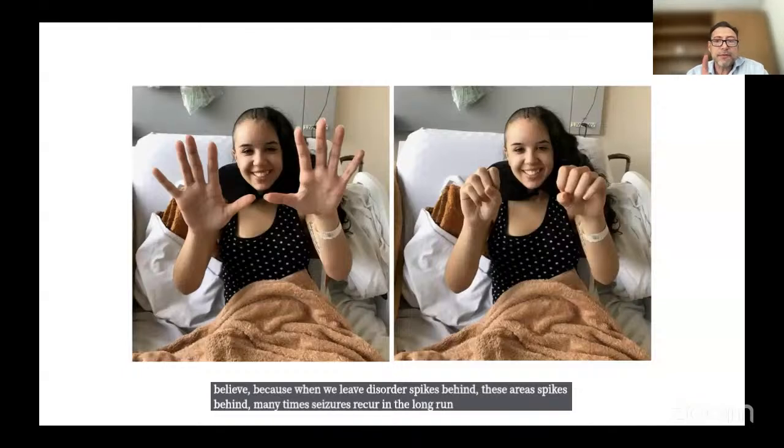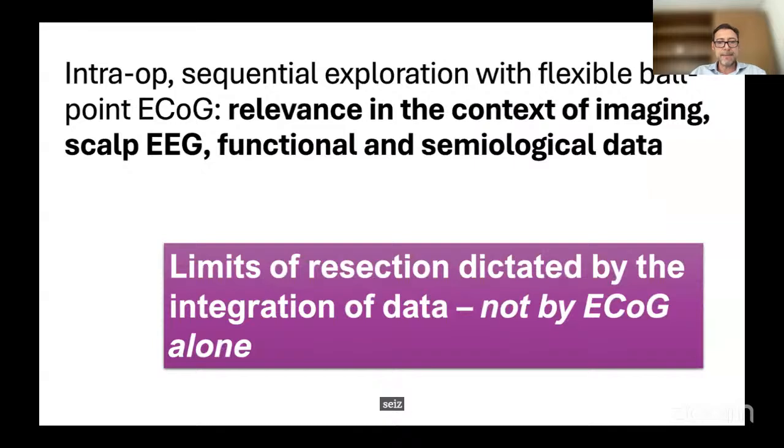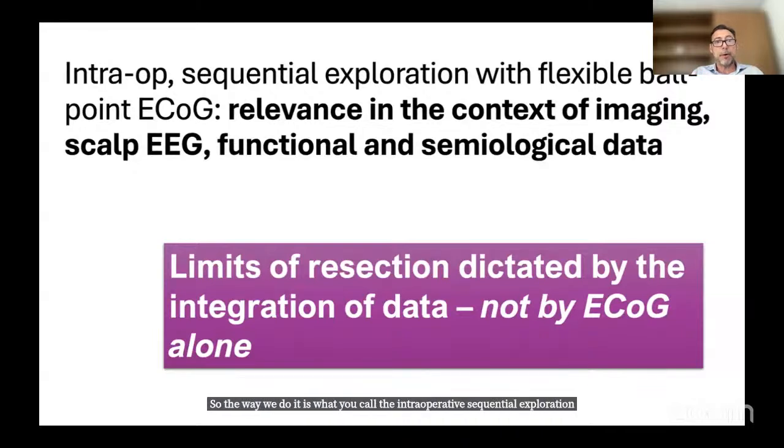They may not recur in the first 6 months. You may be very happy after 9 months, after 1 year, but sometimes later on, seizures will return, okay? So the way we do it is what we call the intraoperative sequential exploration with flexible ballpoint ECOG electrodes.